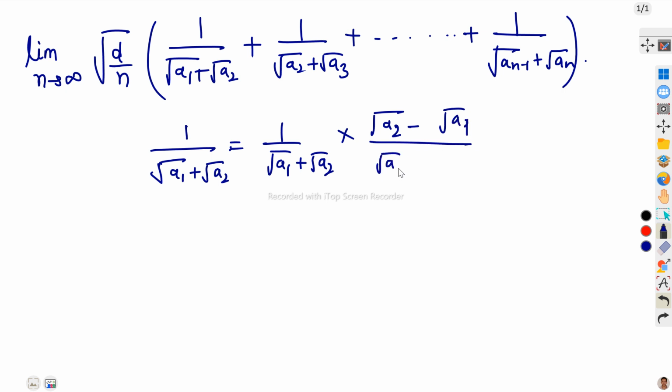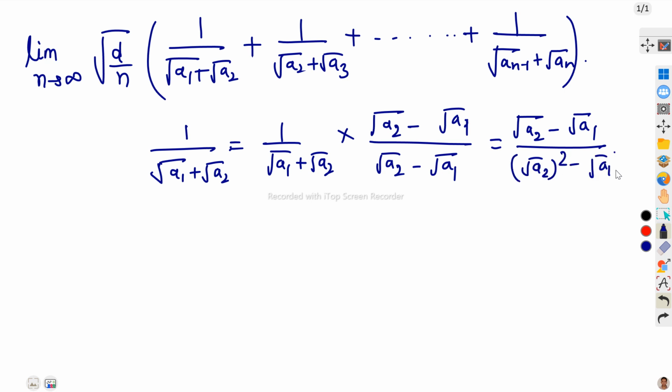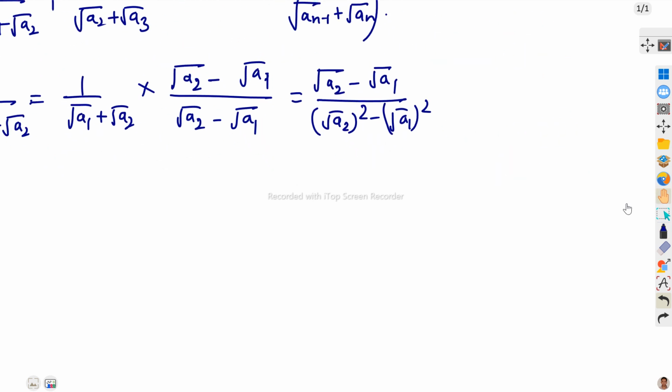We can multiply with this quantity, so this becomes a2 minus a1 in the denominator, which is square root of a2 square minus square root of a1 square. So this is square root of a2 minus square root of a1 upon a2 minus a1, and we know that the difference between any two consecutive terms, or succeeding term to preceding term, is the common difference.